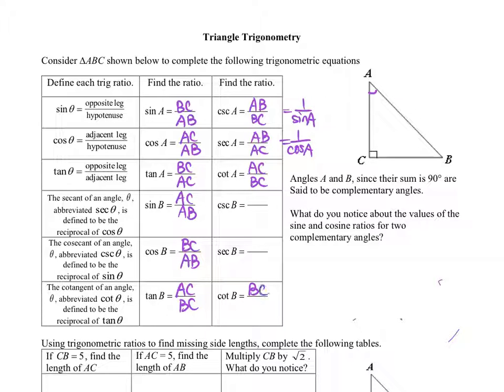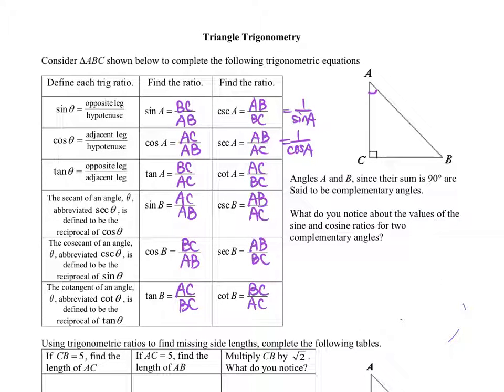And cotangent would be the reciprocal of tangent. Secant would be the reciprocal of cosine. And cosecant is the reciprocal of sine. Right? These are the definitions of the 6 trigonometry ratios.